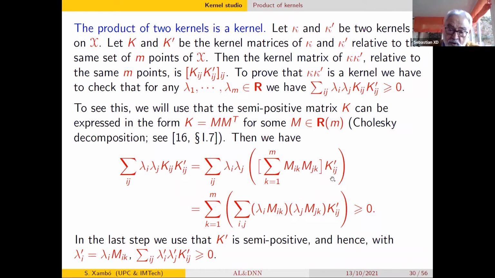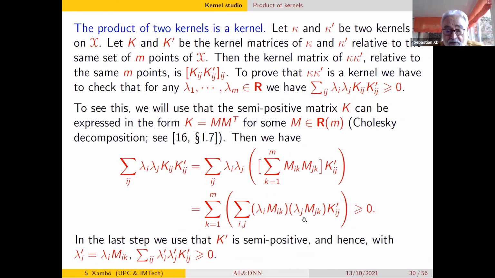Now you first sum with respect to k, from 1 to m, which is with respect to the data points, and then sum with respect to i and j. You can take the lambda i with M ik, the k is taken care of here in the beginning, and the lambda j with M jk, which is here.